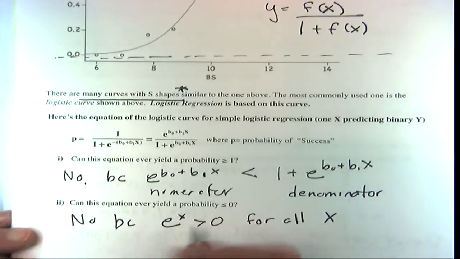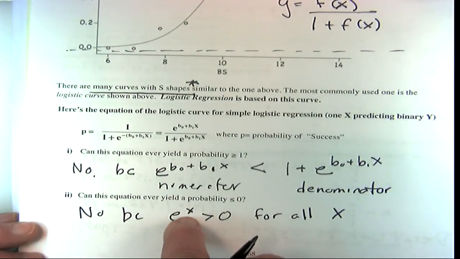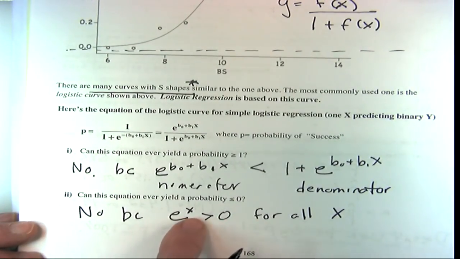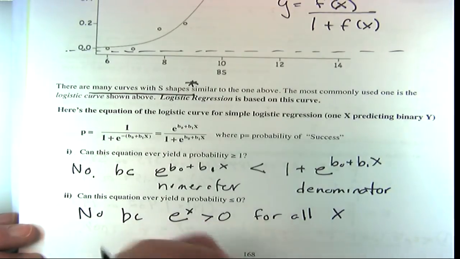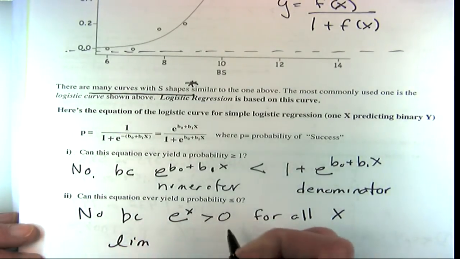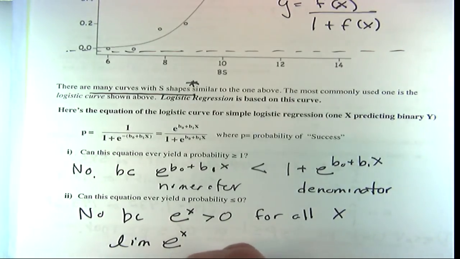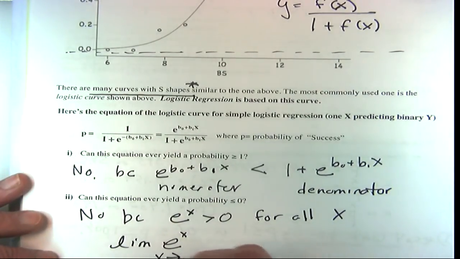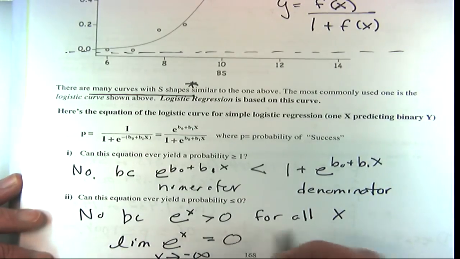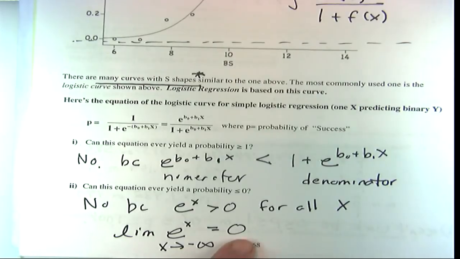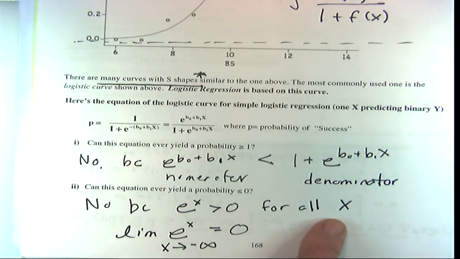Think about it. Even if you have an infinitely negative x, it's going to approach 0 but not reach it, right? So e to the x, the limit of that as x goes to negative infinity, is just going to equal 0. We'll get a tiny, tiny number. It'll get close to 0. So yeah, that works.